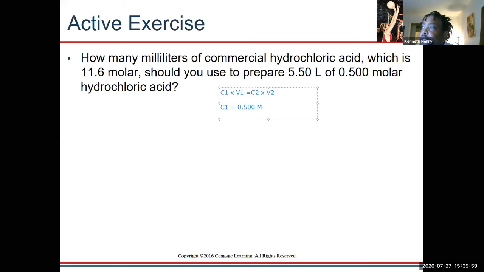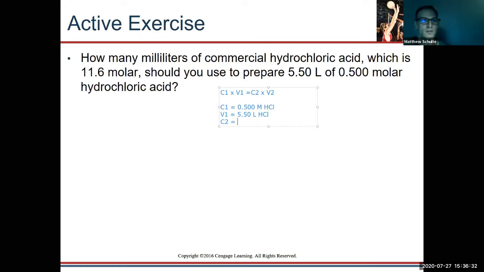That means V1 is what? Your 5.5 liters. Liters. Okay, and then C2 is 11.6.